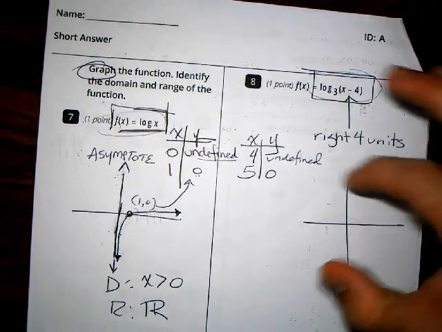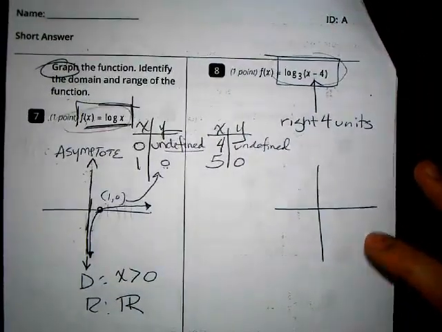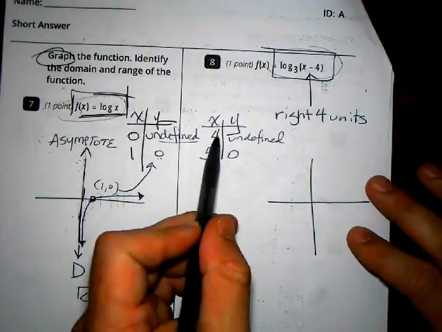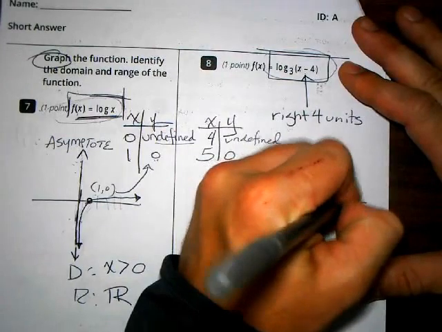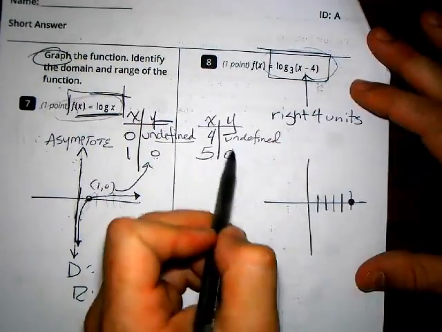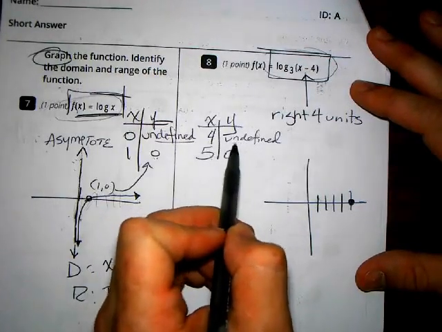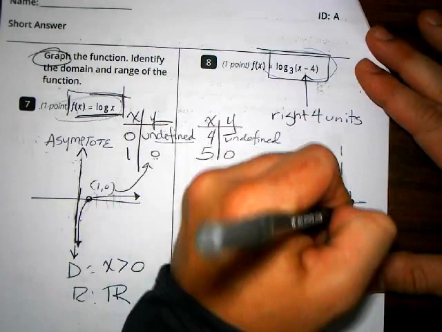So now we'll use this new T-chart to help us graph this new log function. We have 2 key points that we need to look at. We have 5, 0. And then it says 4 is where our limit is. So we're going to put our asymptote line right here.